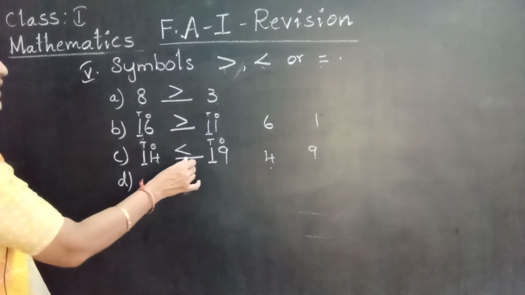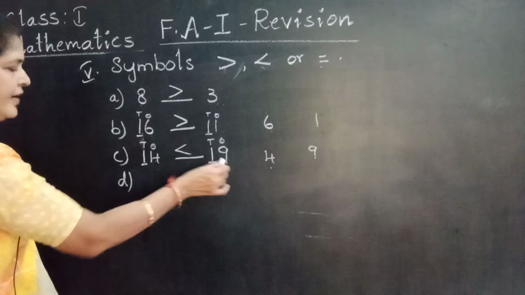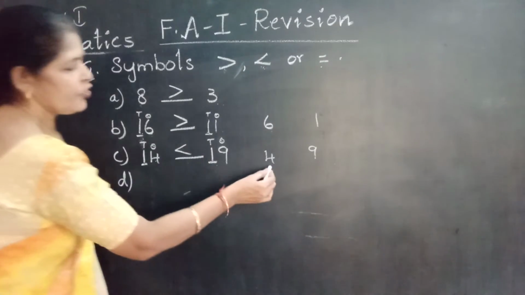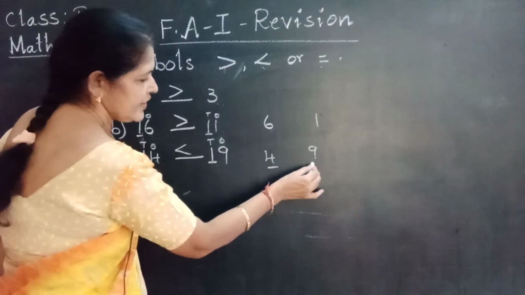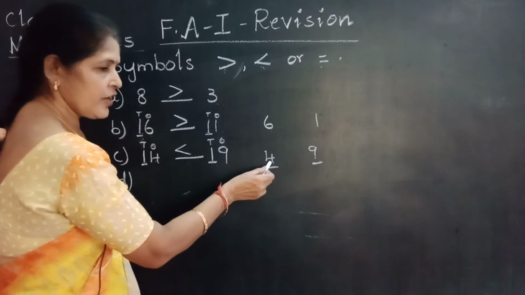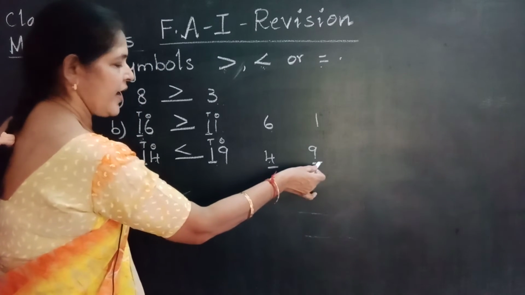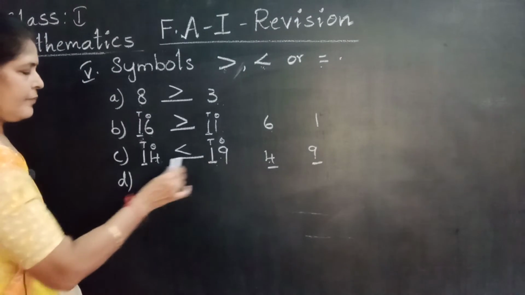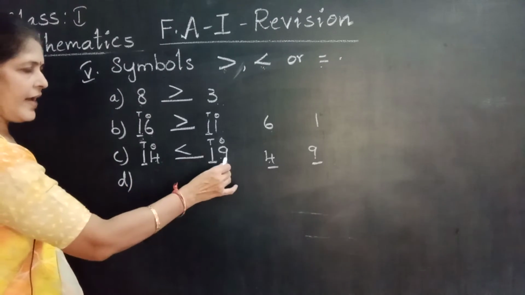Tens place number is same. 14 having 4 ones, 19 having 9 ones. In one digit numbers 4 is small, 9 is big. That's why 14 is less than 19.